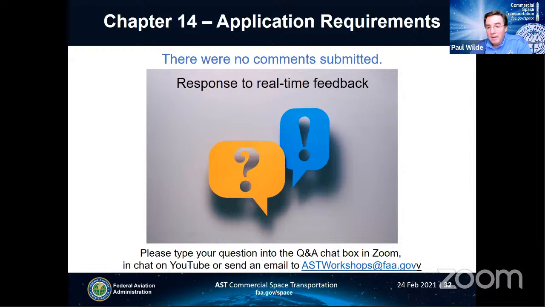There's some data as well in reference number 1 in this advisory circular, the chapter on reentry, that could also be used to help calibrate or verify a particular model for demise.